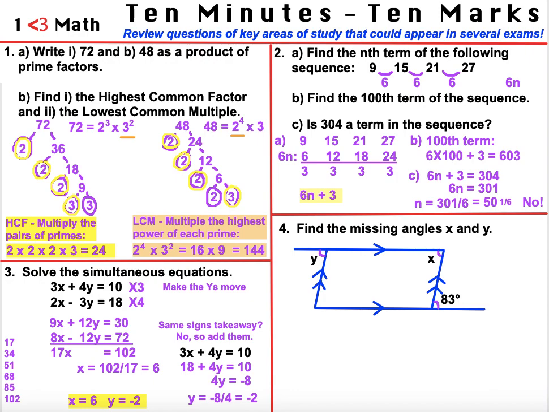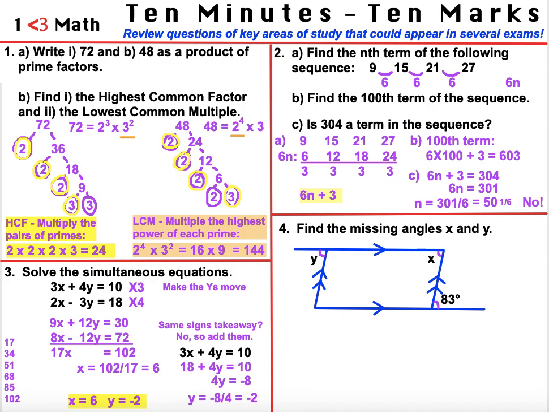Now question 4 says find the missing angles x and y. Usually this question would say explain why as well, give a reason why. So when you've got parallel lines, you can see that this is a parallelogram denoted by the arrows on the pairs of lines. We can use our angle rules within parallel lines.